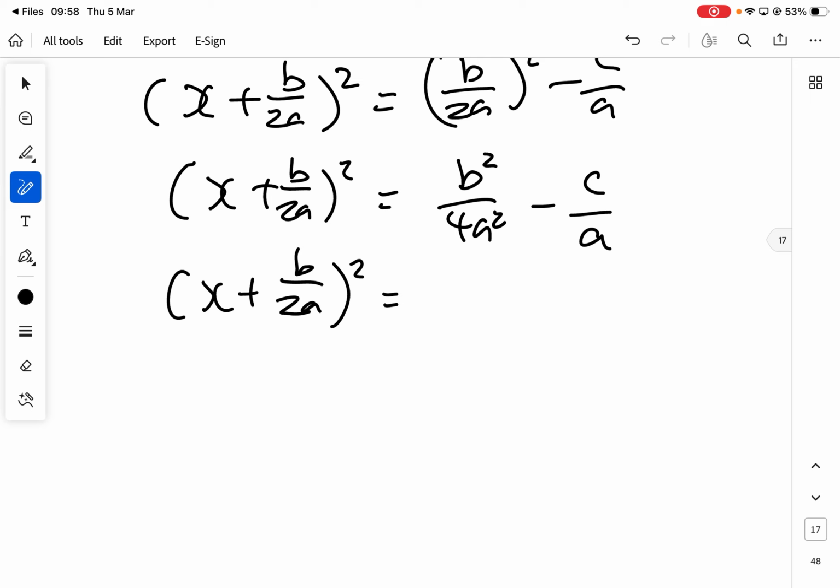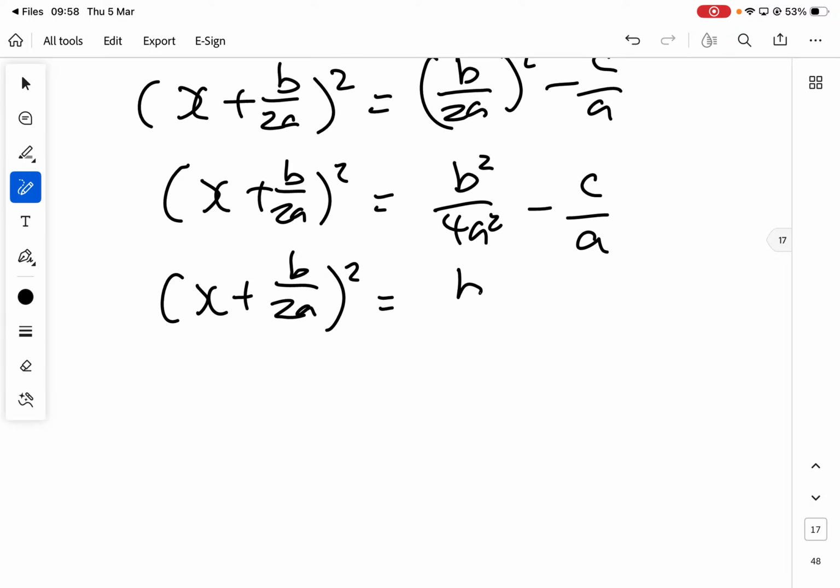Then, fraction minus fraction, I can make a common denominator and put them together. After my bracket is on one side, Chloe, why are you looking at your PLD? Look here, look here. Okay?